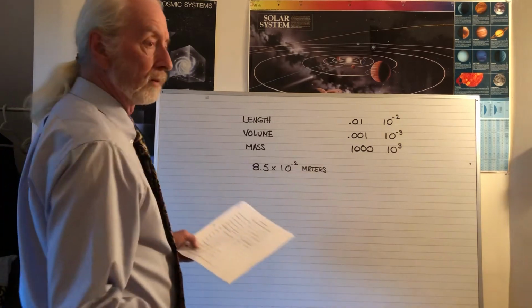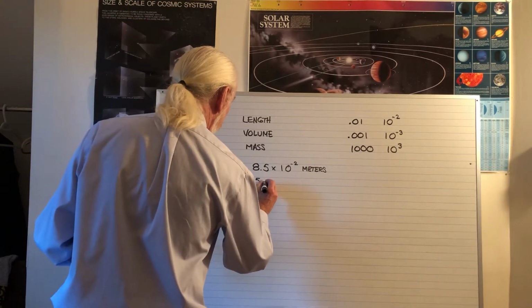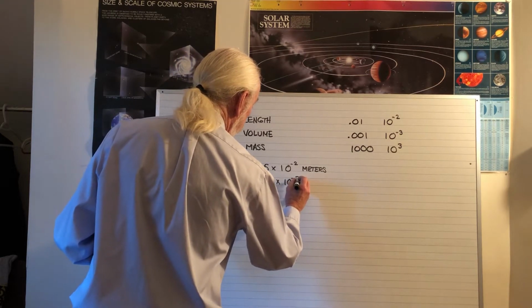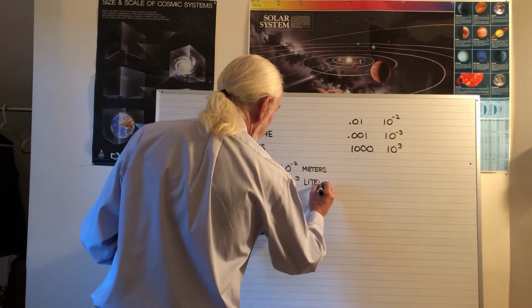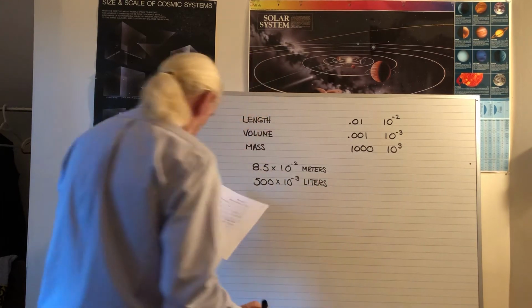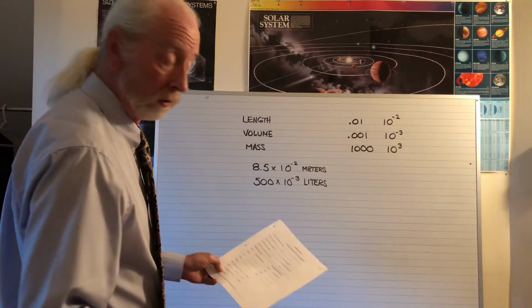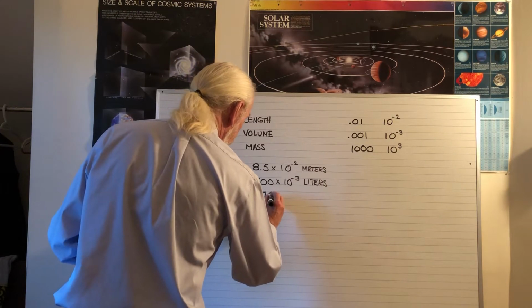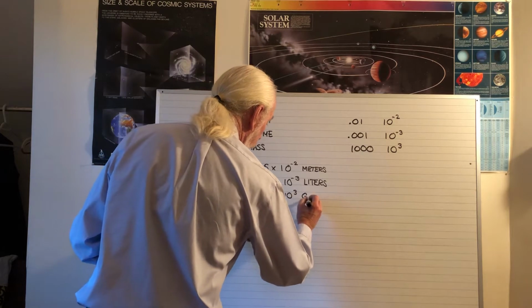I could have 500 milliliters, or I can have 500 times 10 to the negative 3 liters. I can have 6.75 kilograms, or I can have 6.75 times 10 to the third grams.